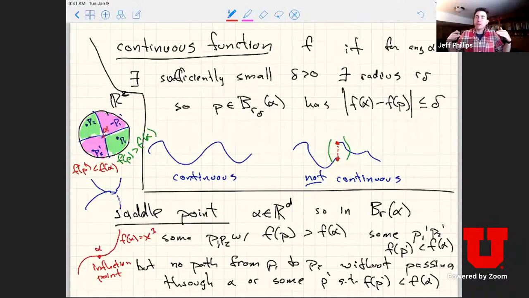And so kind of the issue with saddle points or with this point right here is that the derivative is going to be 0, and I haven't defined derivative yet because I'm trying to delay the calculus a bit, but the derivative is 0, which means we won't know what direction to go down. And that's going to be the same at this saddle point here as well, the one I've drawn in R2.